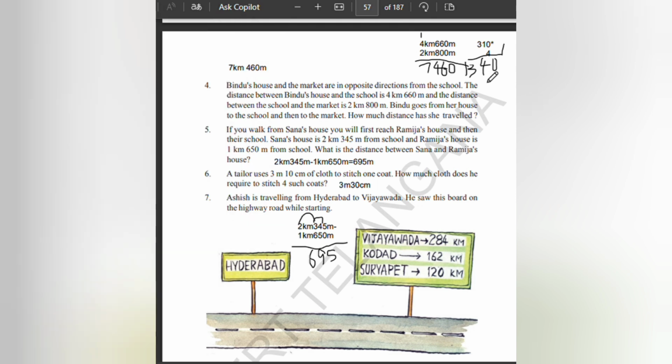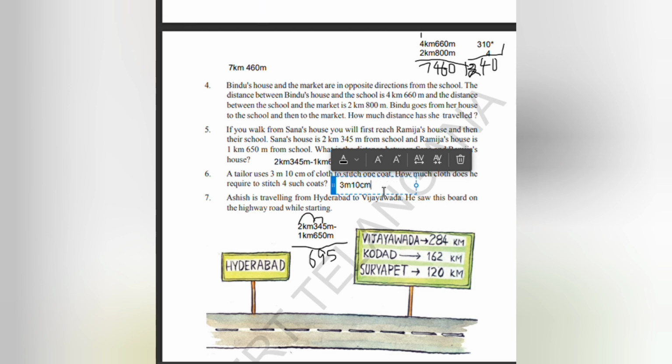So 4 into 3 is 12. 1240. 3 meter 30, it is not 30, it is 10. 10 multiplied by 4 is equal to 1240, or we can write 12 meter 40 centimeter.